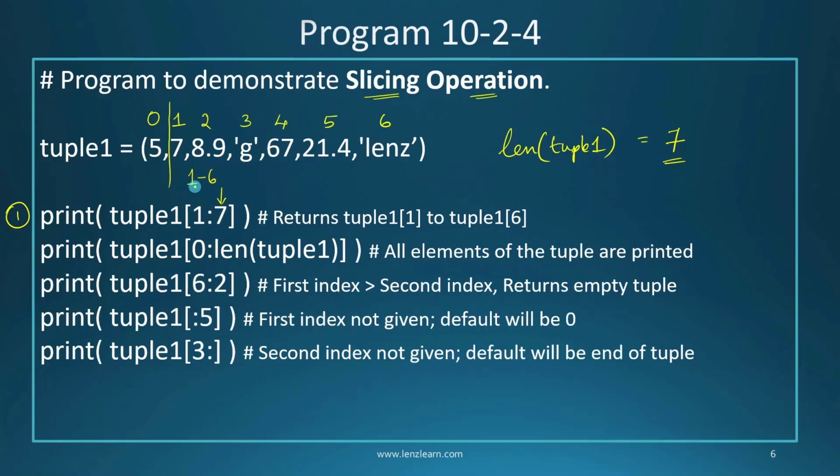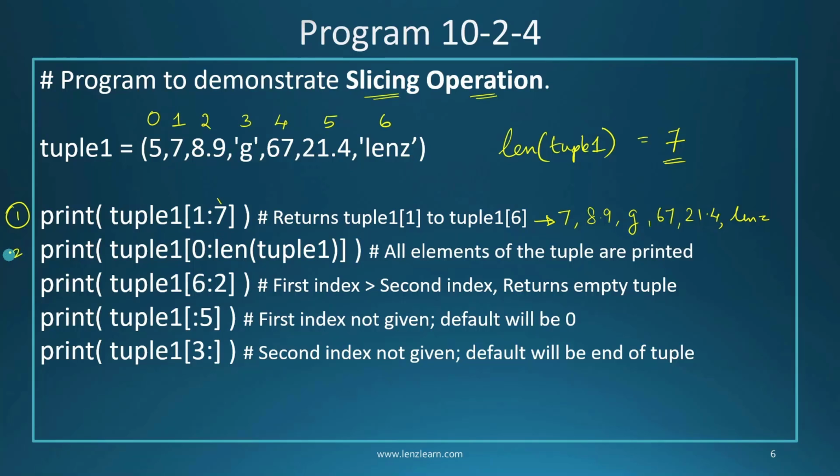Of course, we had the same discussion when we studied string and list. Okay, so it will cut it over here, that is with index 6. So the output is going to be 7, 8.9, G, 67, 21.4, and lens. Okay, so that will be the output of this slicing operation.